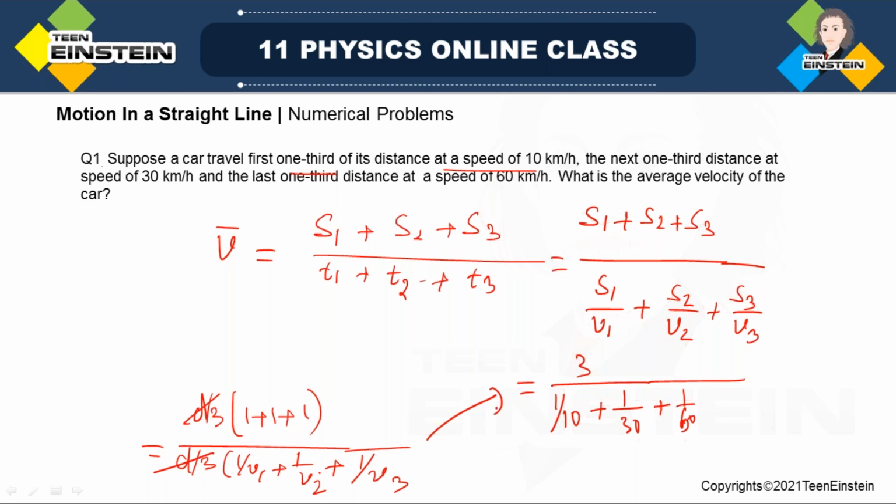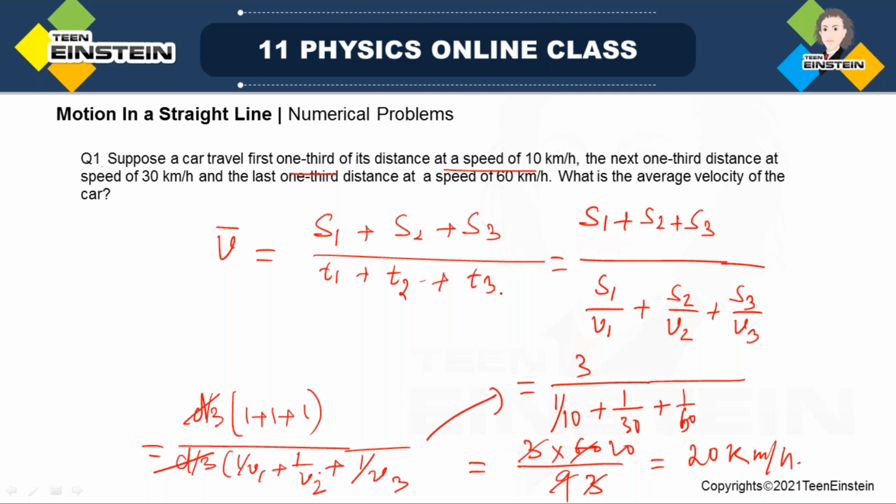Now simply do the LCM. 60 will be the LCM. So 3 over 6 plus 2 plus 1, which is 9 over 60. So this goes as 3 over 9 by 60, which is 20. So the average velocity will be 20 kilometer per hour. This is the answer.